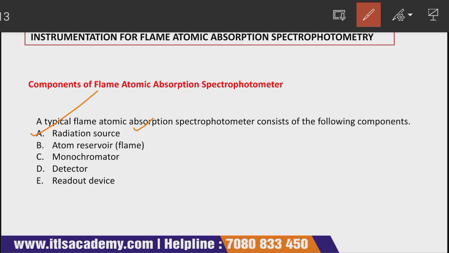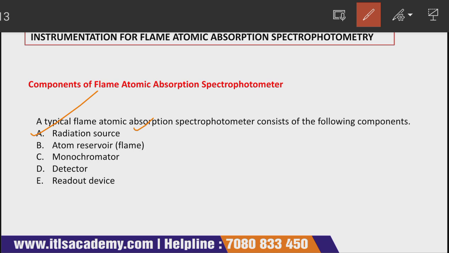Their temperature should be very high. If you take natural gas, the optimum temperature is between 1700 to 1900. But if you are using hydrogen, then the temperature is between 2000 to 2100.